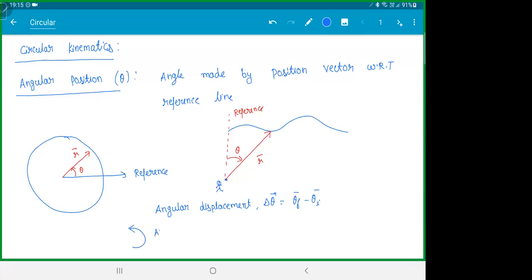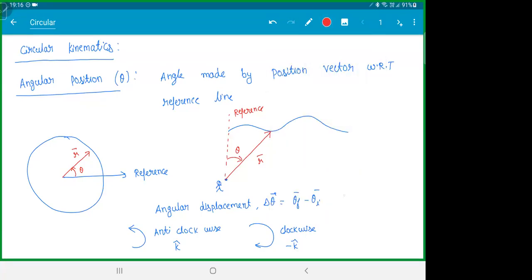If you rotate anti-clockwise, this is plus k cap. Hope you remember the right hand thumb rule. If you curl your fingers in the direction of rotation, the thumb indicates the direction. If you rotate clockwise, this is minus k cap.